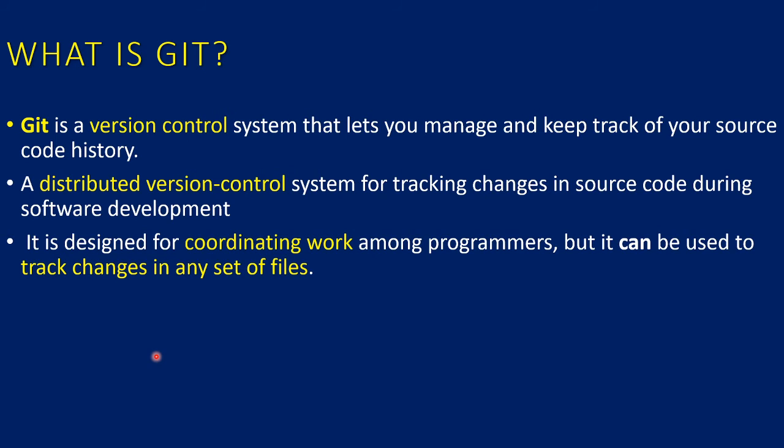Distributed means it operates across different systems. It can work on different operating systems without any problem. It's popular among software engineers because most projects, especially when you're creating software, you cannot create on your own.